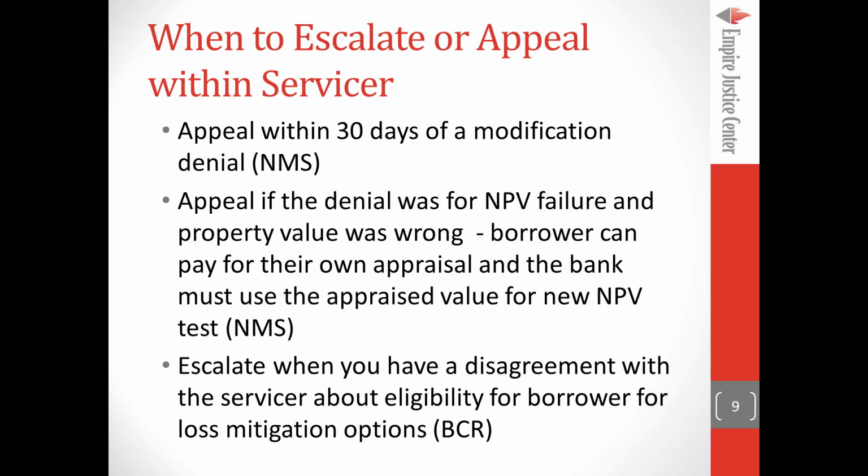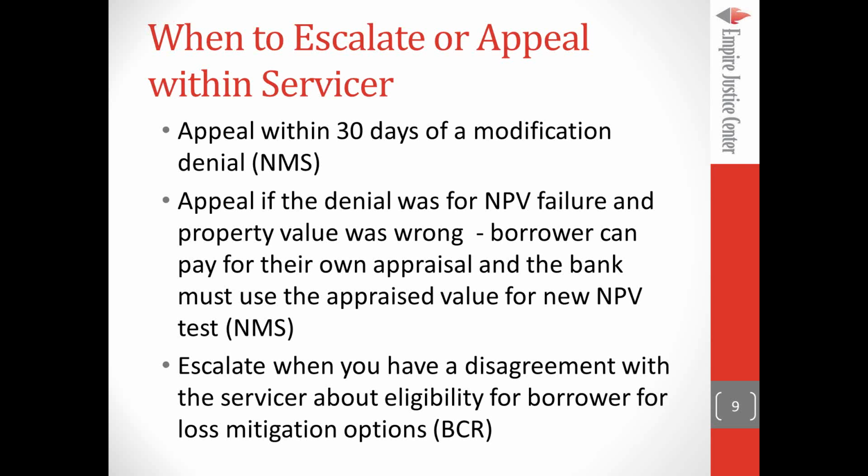So again, it goes back to what the servicing requirements or the BCR allows for. According to the National Mortgage Settlement, you can appeal a decision within 30 days of the denial, which we encourage you to do. And you can appeal if the denial was for an NPV failure and the property value is wrong. To be clear on that, I encourage everybody to confirm the data points that they're putting in.